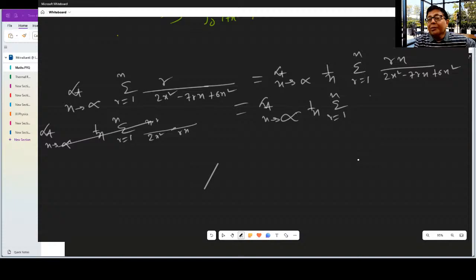Dividing by n. No, by n squared. You divide by n square. N square or r square? Check. 2r square minus 7rn plus 6n square. Divide by what? R by n or n by r. What do you need? R by n. That's why dividing by n square.